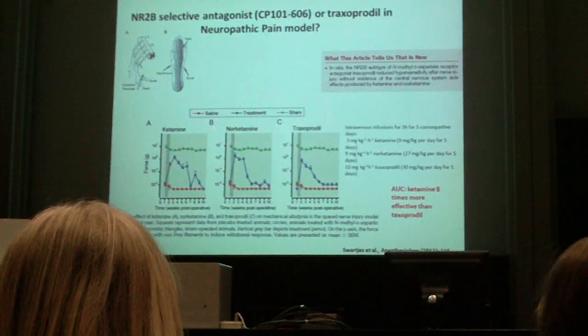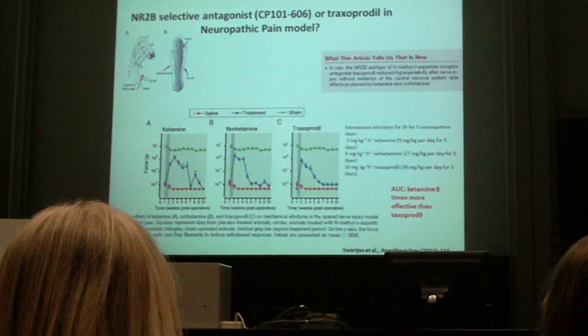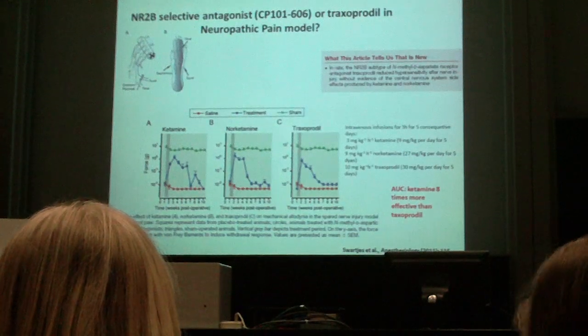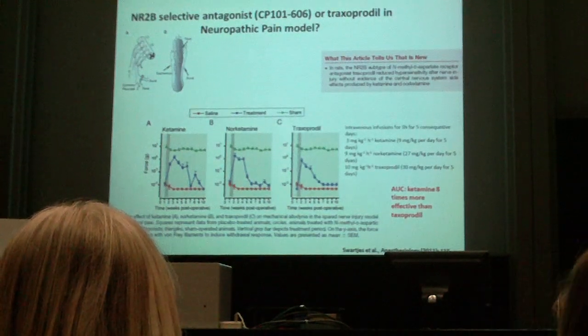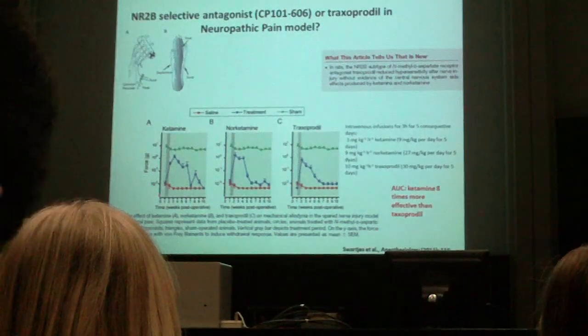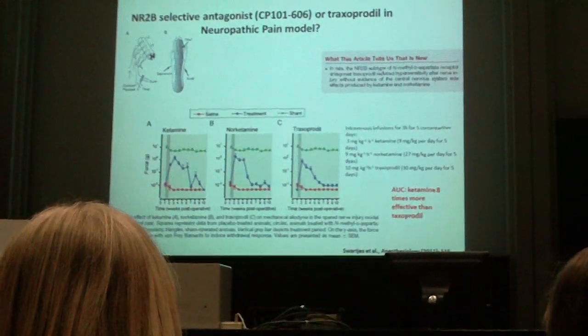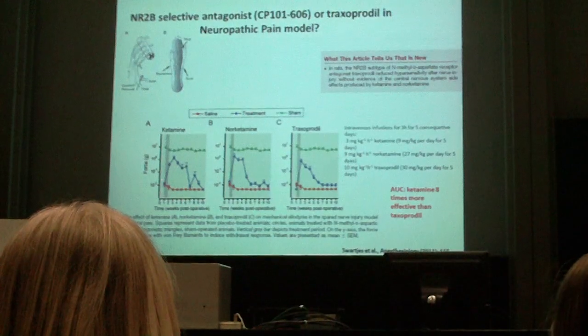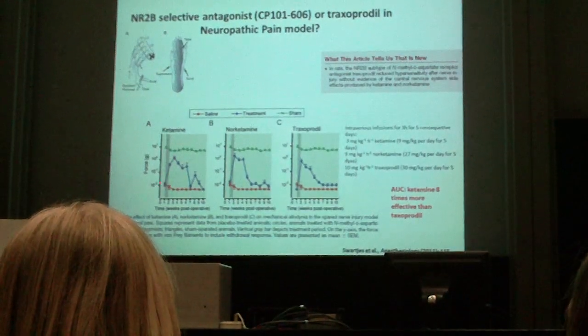Here you have ketamine, which I showed you is a non-selective antagonist of the NMDA. It blocks the NMDA receptor, and it has an effect. This is again the force, so this is the von Frey. You can see here these animals, and when you use the ketamine treatment, they are no longer very sensitive.